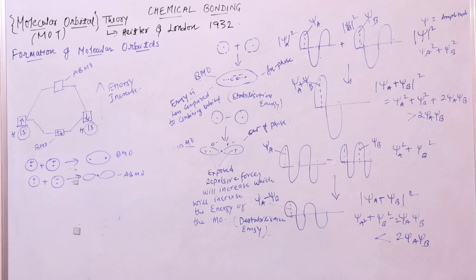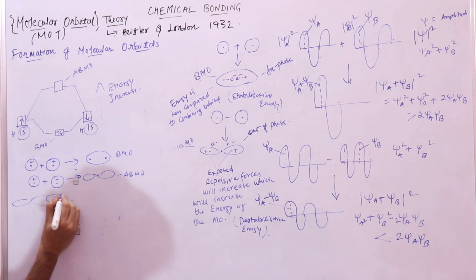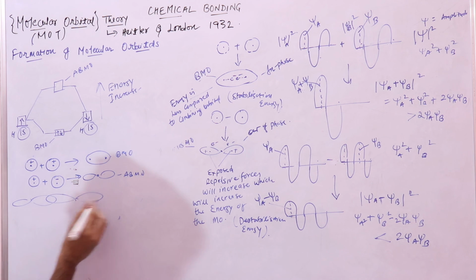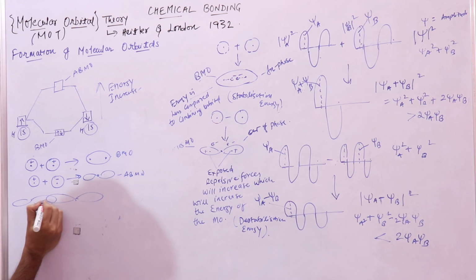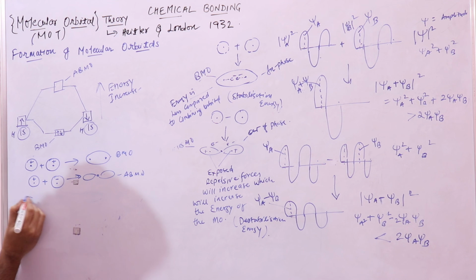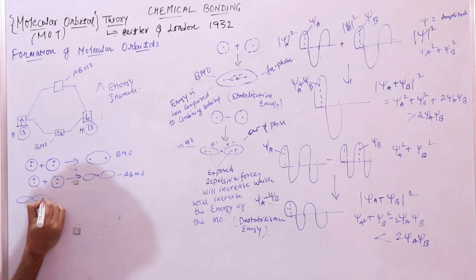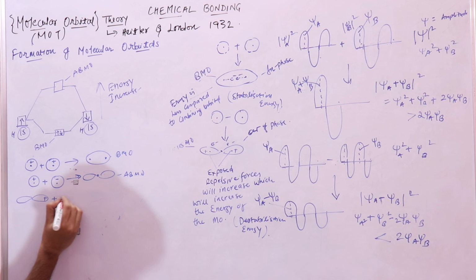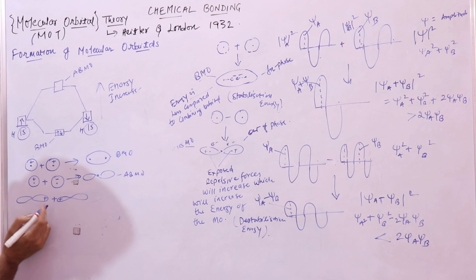Now suppose we take 2pz orbitals like this. When these two combine, plus of this will combine with plus sign of this.